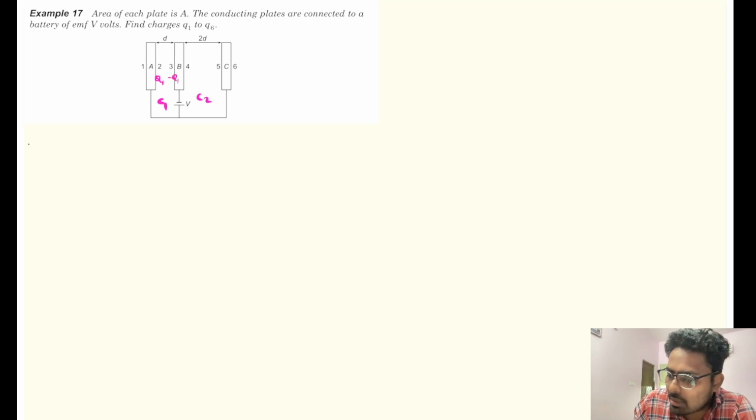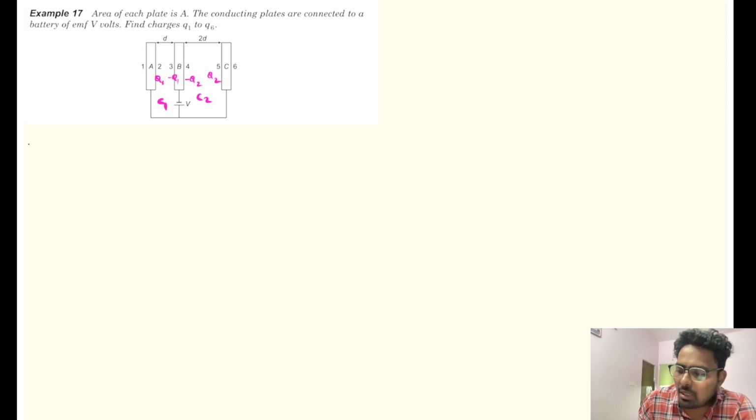You need to understand why I have taken positive over here: lower potential is connected to this plate, higher potential is connected to this plate. That's why I have taken positive charge over here, negative charge over here. Similarly, q2 will be here because higher potential is connected to this, lower potential is connected to this, so minus q2 will be here.